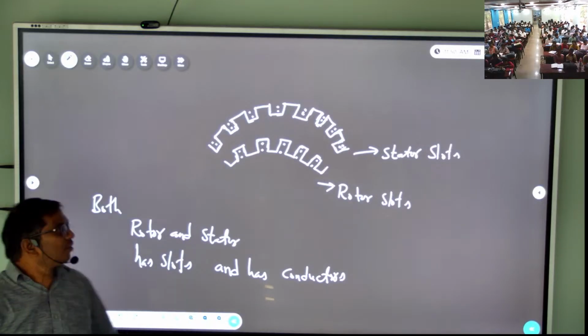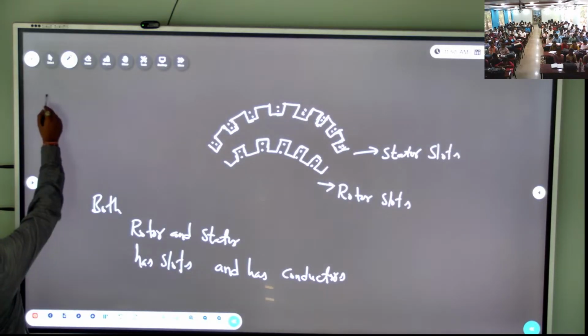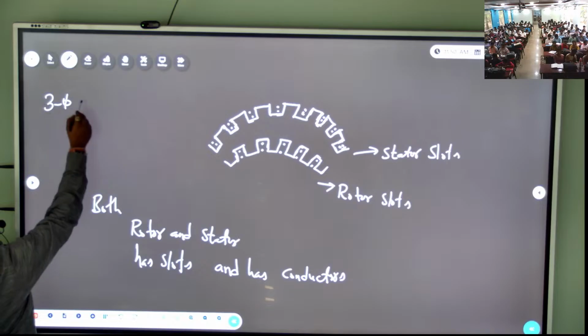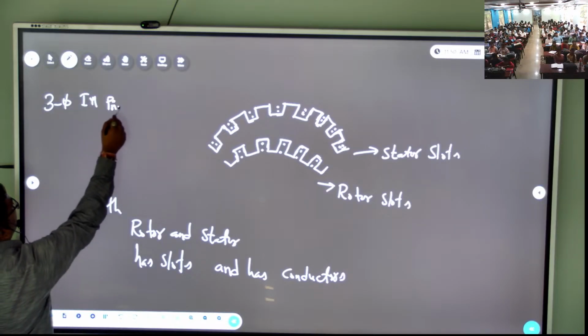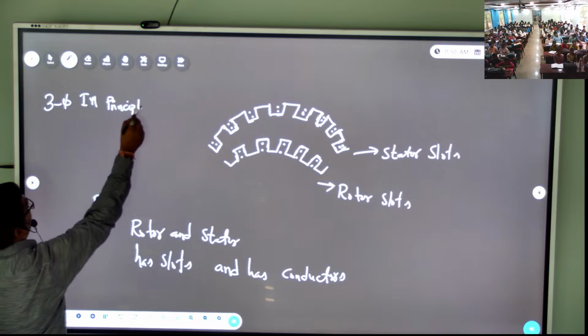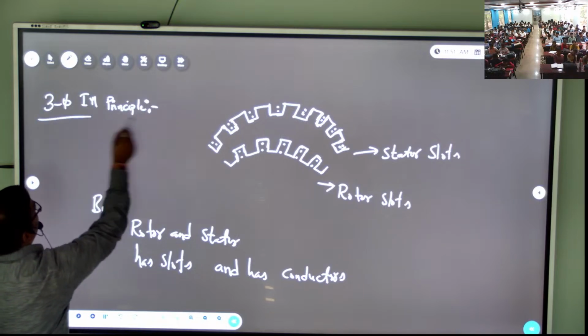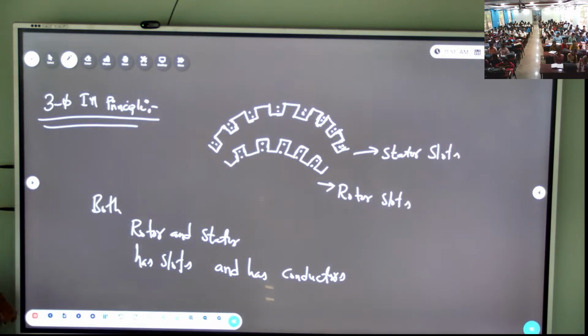So this is the three-phase induction motor principle. I think you know the DC generator.